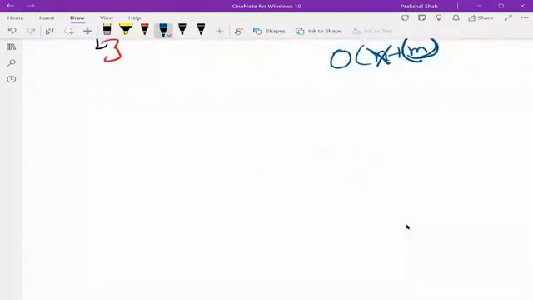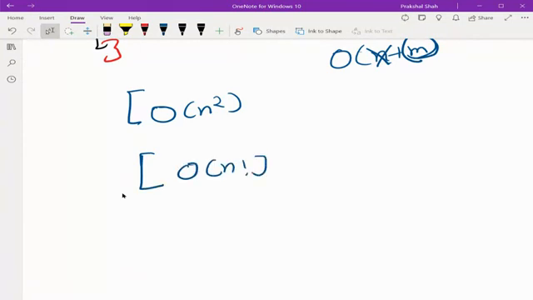Now, suppose you have the same thing like this. Let's say you have order of n square complexity in this term. Then in this term, you have a complexity of n factorial. Now, what would be your answer? Both are sequential terms.